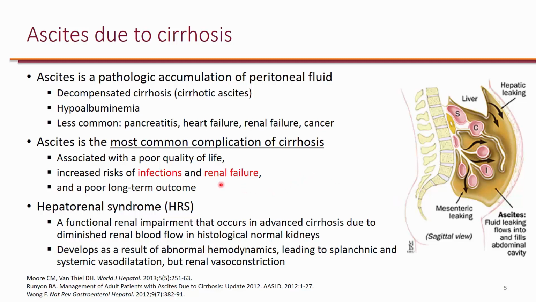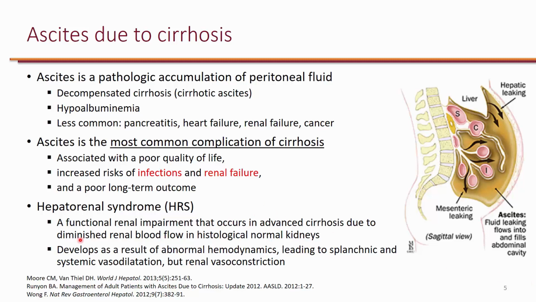In fact, there is something referred to as hepatorenal syndrome. This is basically a functional renal impairment that occurs in advanced cirrhosis, and this is because when patients have ascites and all these fluids are coming out of vasculature, there isn't enough volume left in circulation. So as a result, you start to have low perfusion to the kidneys.